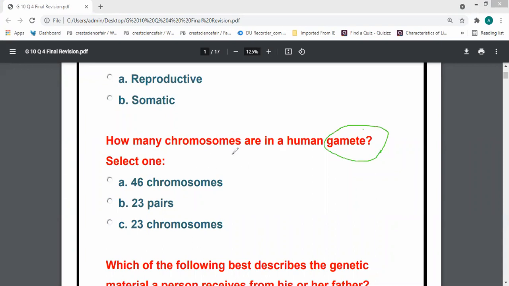So the number of chromosomes in sex cell: 46 chromosomes, 23 pairs of chromosomes, or just 23 chromosomes? 23 chromosomes. The sex cell has half the number of chromosomes. Yes, excellent.